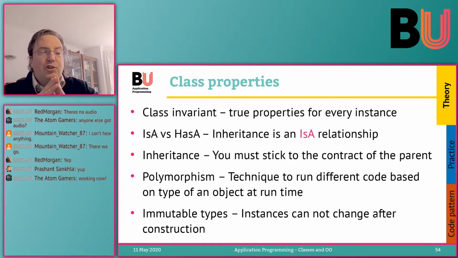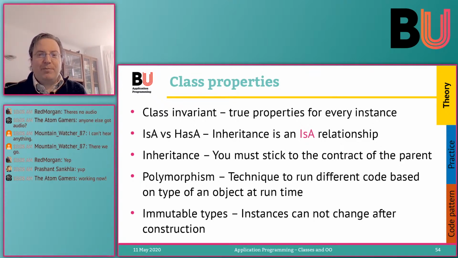When we have classes, there are a number of things we want to think about. For example, the class invariant. Class invariants are those things that are true for every instance of the class. A class is a type. It's a category of values almost.